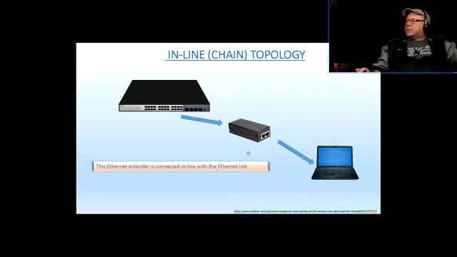Why would we use something called an Ethernet extender? When it comes to utilizing copper wiring, the most distance we can get out of that is 300 feet. Anything above 300 feet end to end is considered a failure in the link, and the failure would be with the length of it.